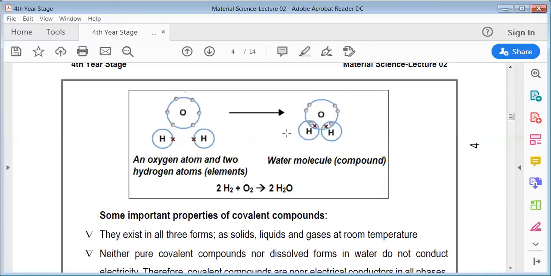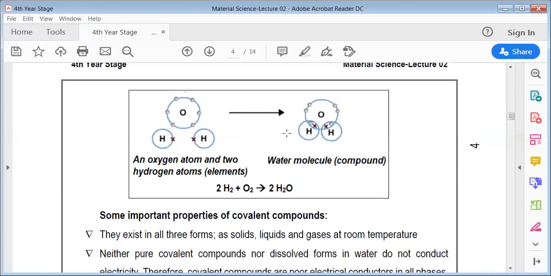Now these 2 electrons are shown as a cross and a dot, or a cross and a circle. One represents a cross, one represents a circle. Both are electrons, there is no difference, but we do that to distinguish which electron belongs to hydrogen and which electron belongs to oxygen. But when they make a bond, for example in this case between oxygen and hydrogen, these two electrons belong to the two atoms.